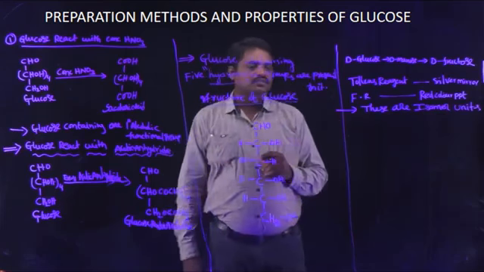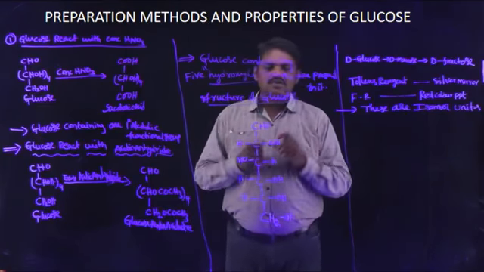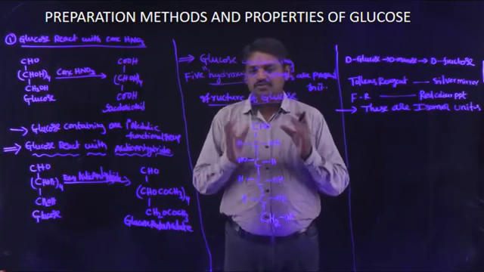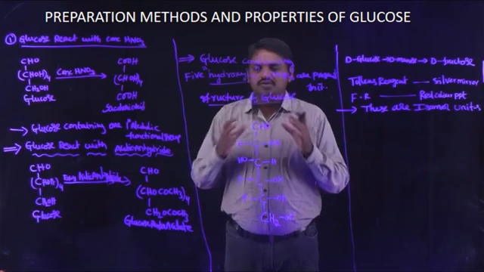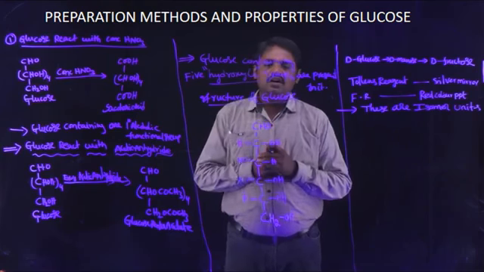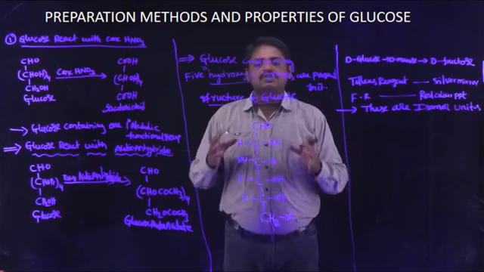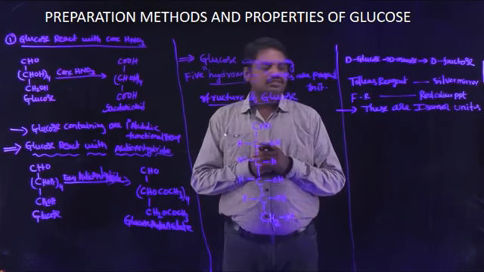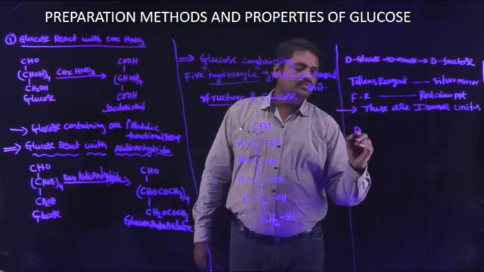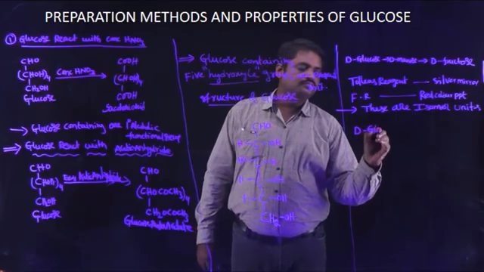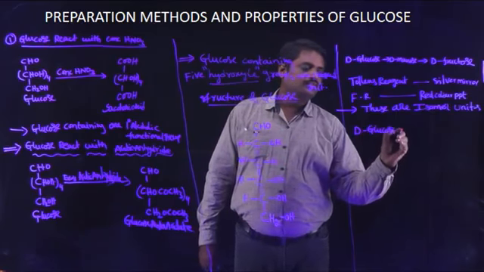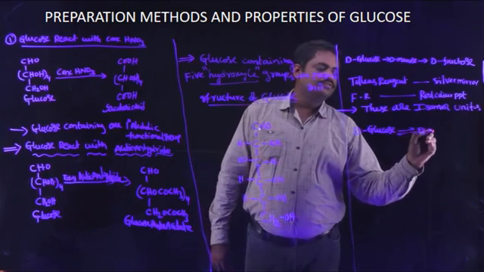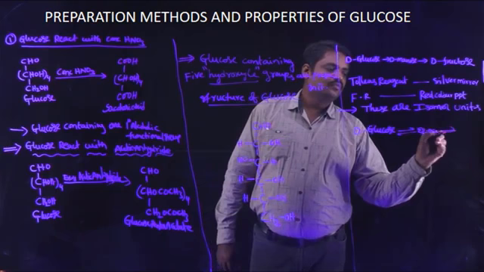And next one, all monosaccharides and disaccharides except sucrose are reducing sugars, and they also exhibit mutarotation. D-glucose and its equilibrium mixture.